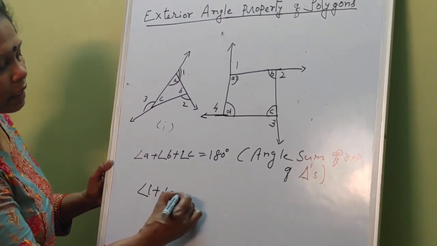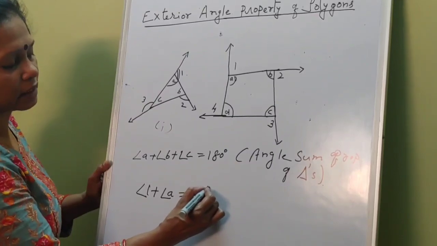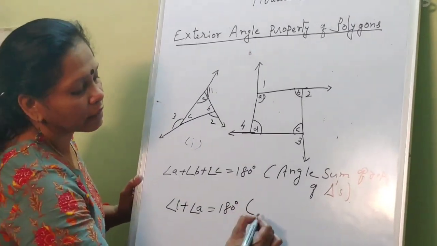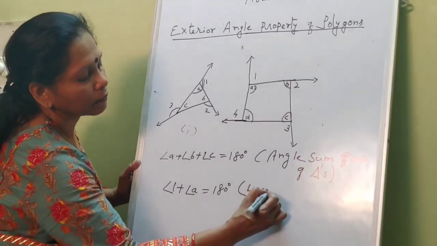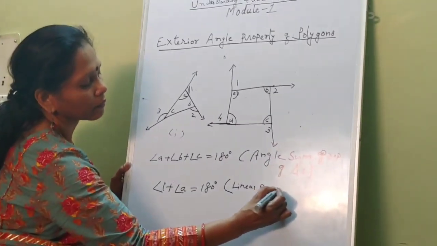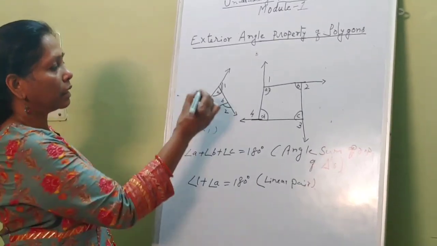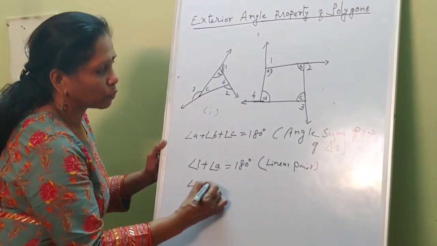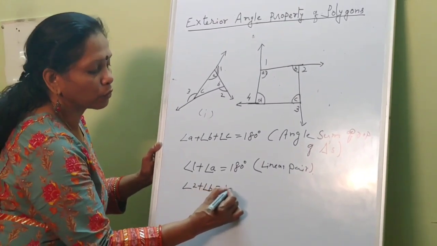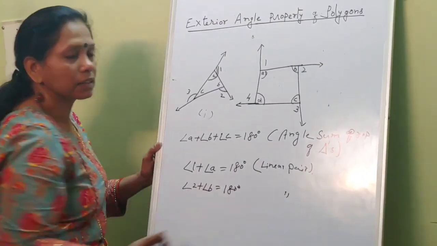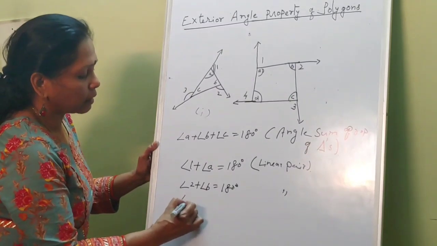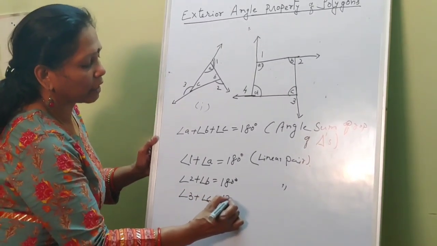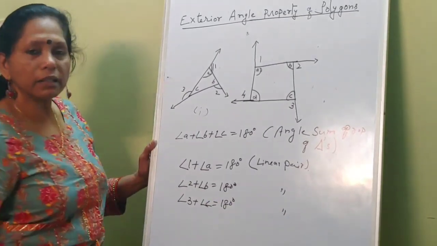Angle 1 plus angle A is 180 degrees. It forms a straight angle, or we say it's a linear pair. Similarly, I can write angle 2 plus angle B is also 180 degrees, same reason. And angle 3 plus angle C is again 180 degrees, reason being the same.